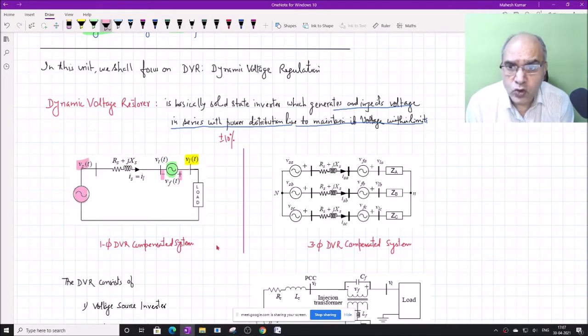So this is called the source bus. This is the terminal bus. Okay, and this is the load bus.